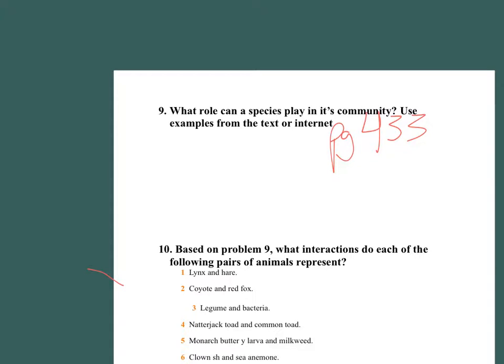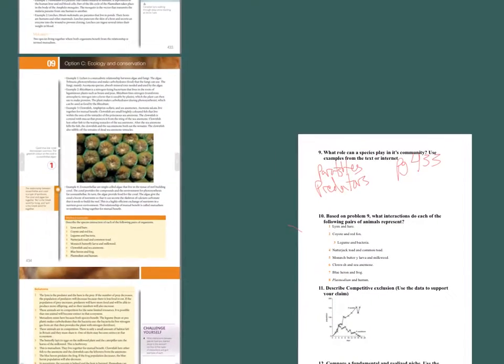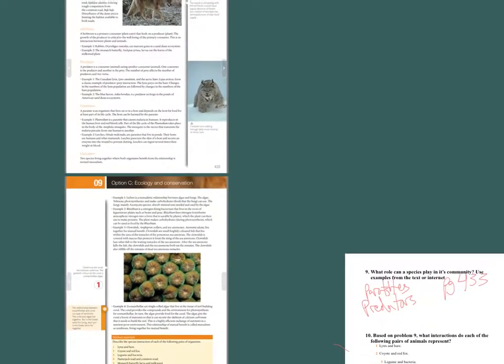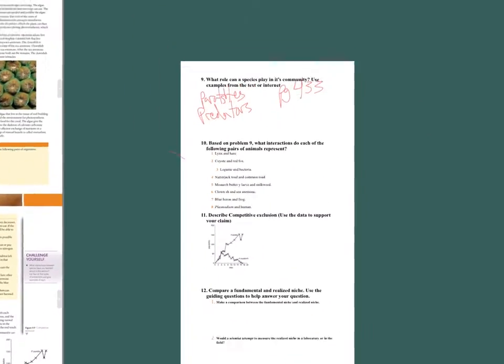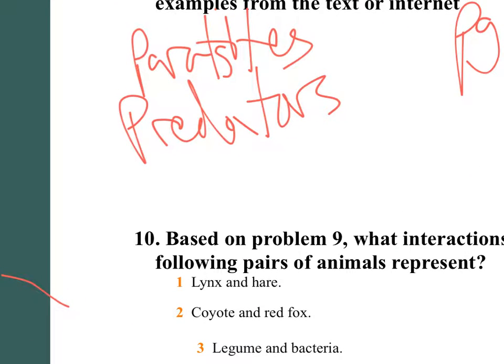So you're going to use those. Parasite, predators, mutualism, and herbivory. I didn't think they would put herbivory in there, but yeah, mutualism and herbivory.